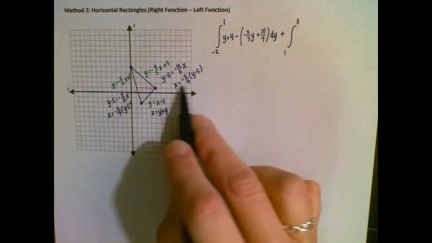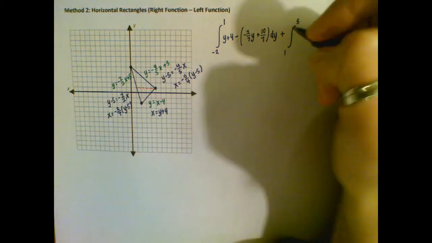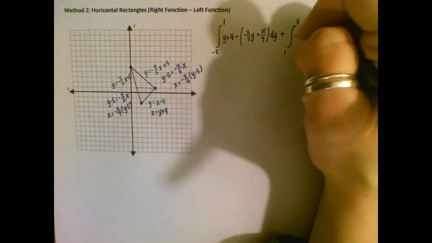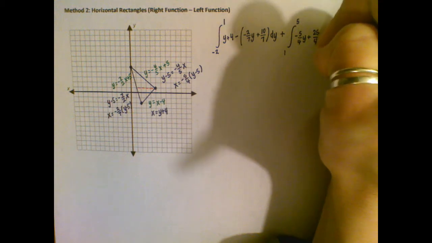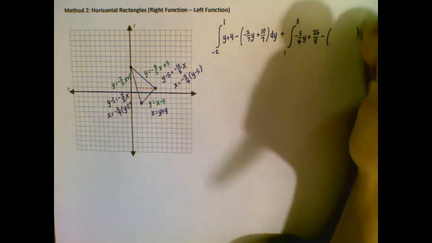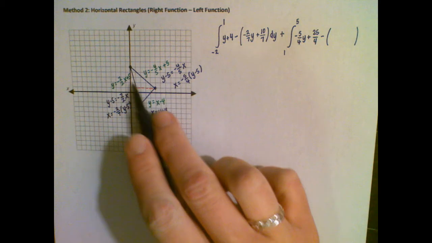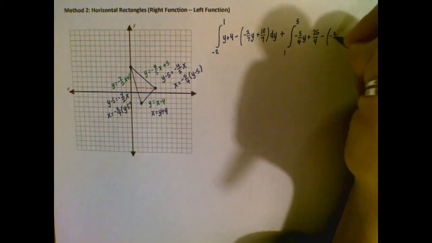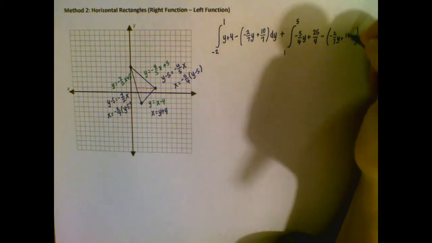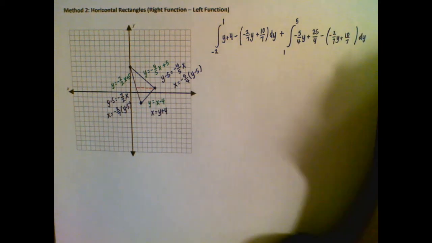Here's my right function. So my right function, again, I'm going to distribute out as I'm writing this in. Negative 5/4 y plus 25/4. And then I'm going to go ahead and subtract out, again, my left function, which I've already distributed. So that's going to be the negative 2/7 y plus 10/7 dy.